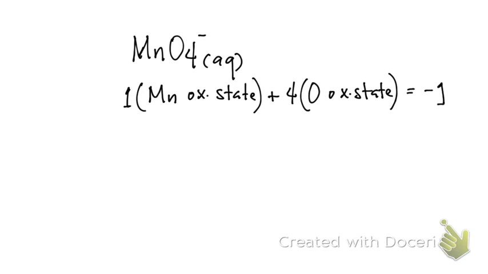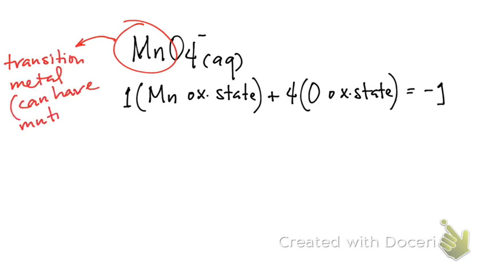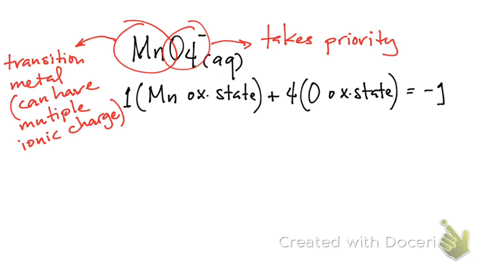And so we know that manganese is an example of a transition metal. And a lot of transition metals can have multiple ionic charges, right? For example, iron can have +2, iron can also have +3, and so on and so forth. So because of that, oxygen takes priority. So we'll give oxygen first priority here.